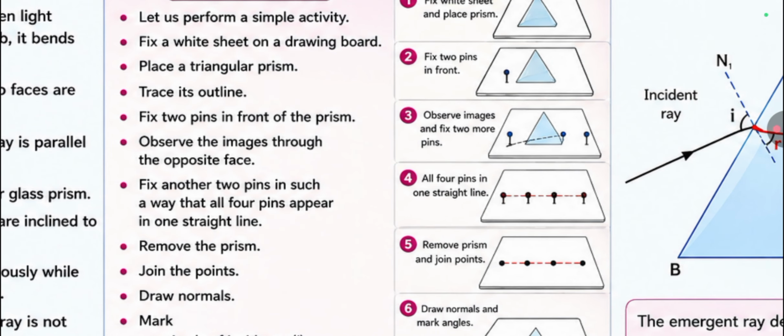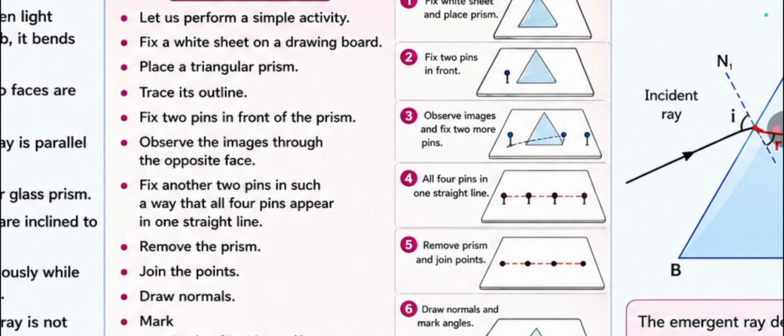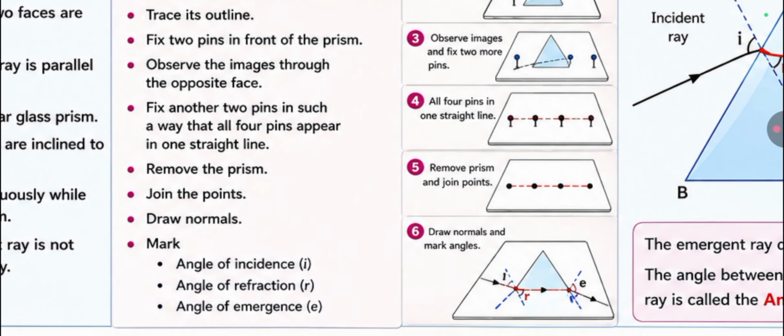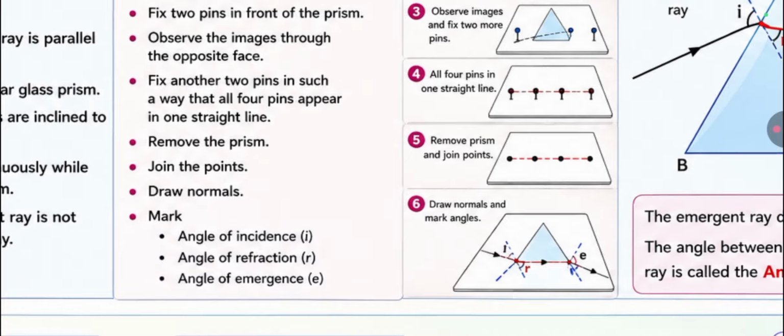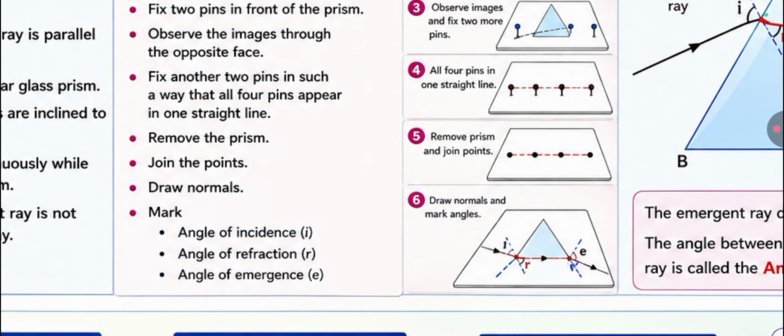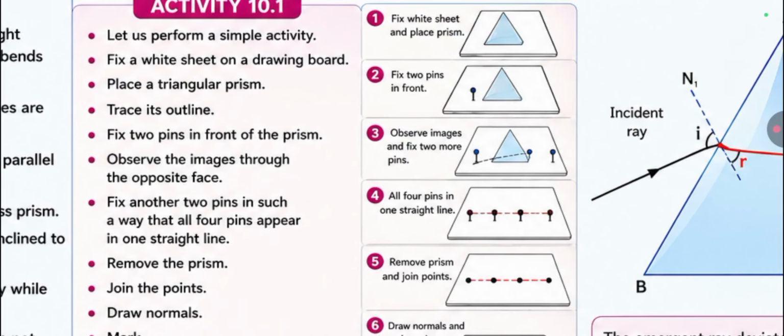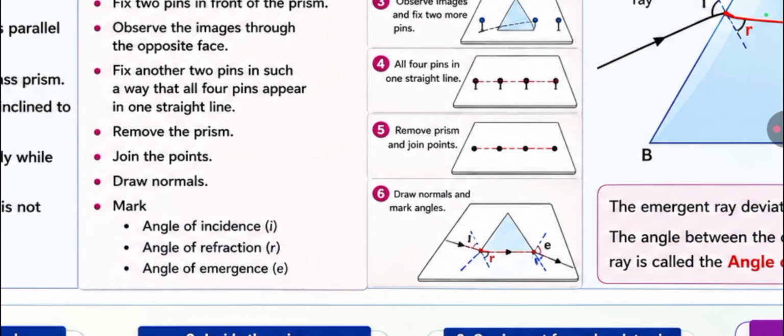Fix another two pins in such a way that all four pins appear in one straight line. Remove the prism. Join the points. Draw normals, and mark the angle of incidence I, angle of refraction R, and angle of emergence E. Now we have to look at this figure.